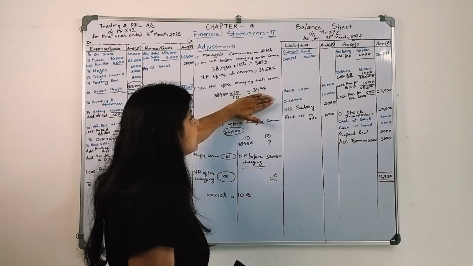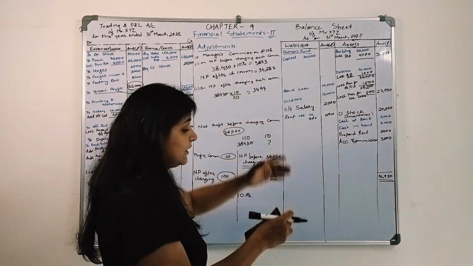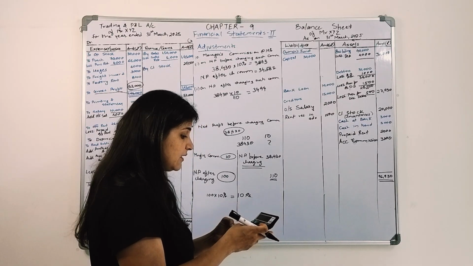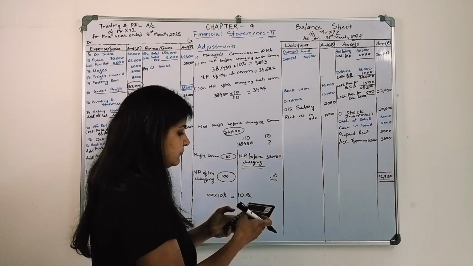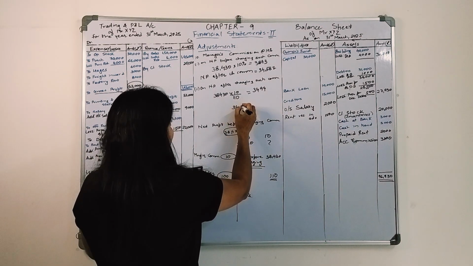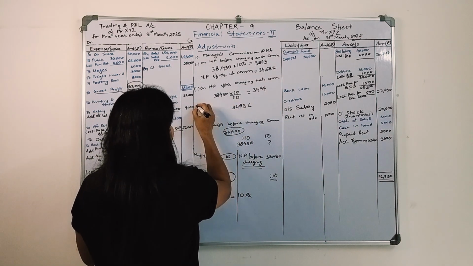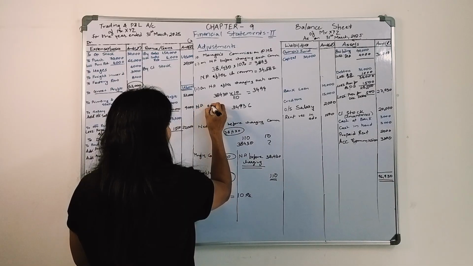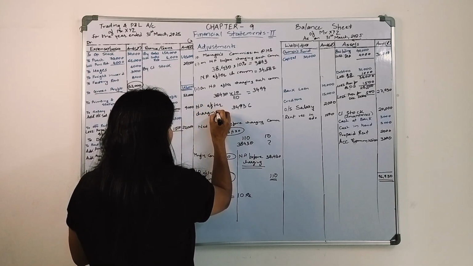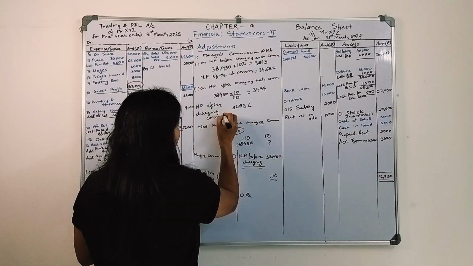Okay, so this is the commission we will give. Now let's deduct it. 38,430 minus 3494, what do we get? 34,936. This is the net profit after charging commission.